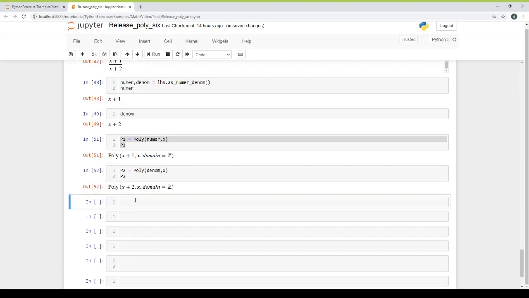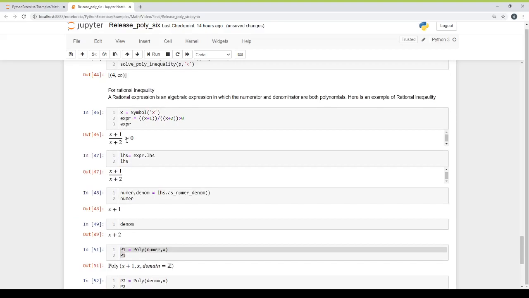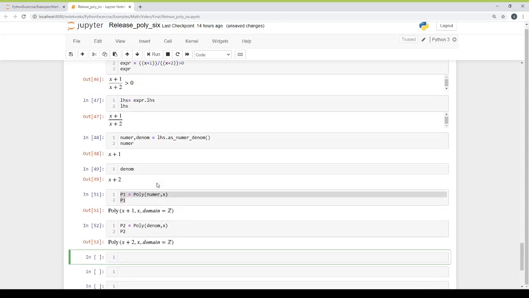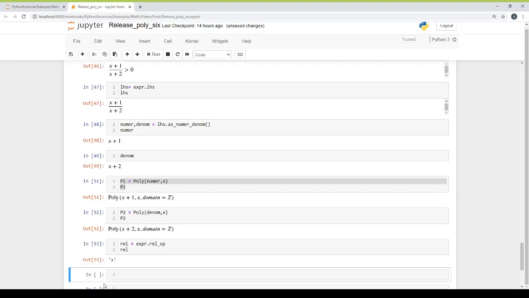Shift enter. Now get the relational operator between them, the inequality operator, that is greater than 0. For that, we do rel, a variable, is equal to expression dot rel_op, and print rel, shift enter. It is the greater than sign.